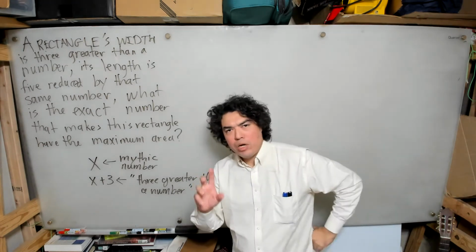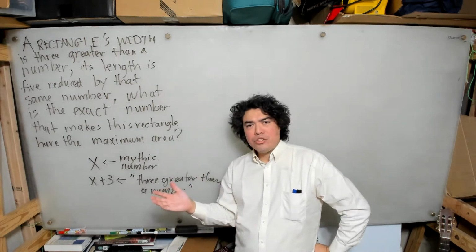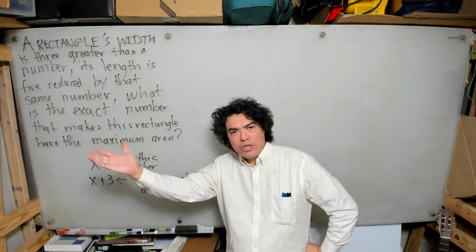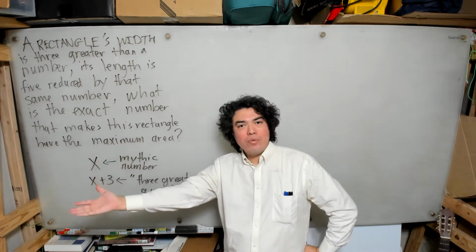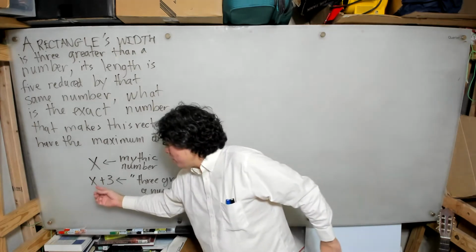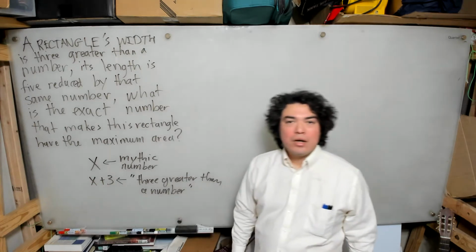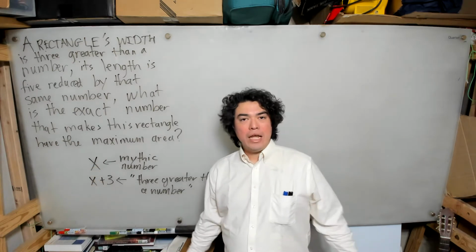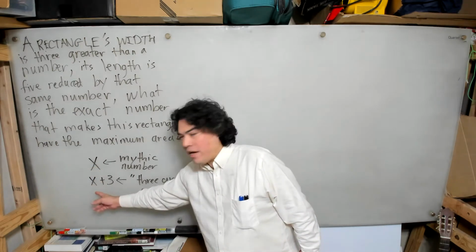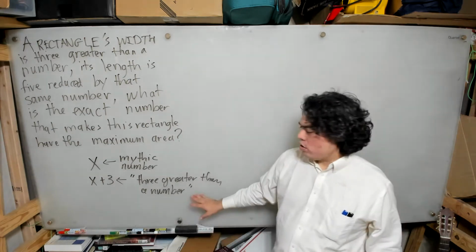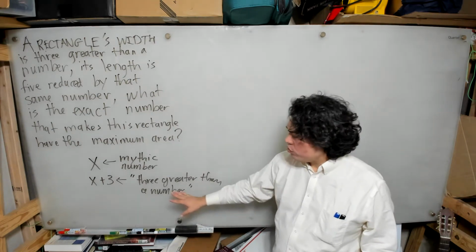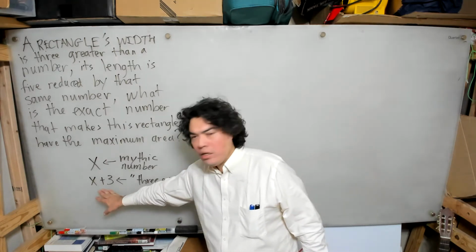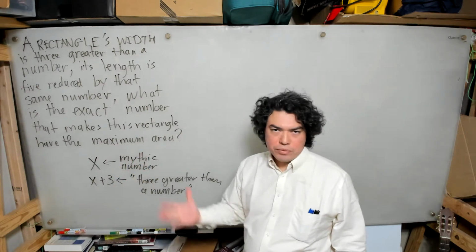If I ask you what is 3 greater than 1, well, you would think in your brain, aha, 4 is 3 greater than 1. And how did we get that? 1 plus 3. What is 3 greater than 5? 8. How did we do that? 5 plus 3. So I hope that I've convinced you that we translate 3 greater than a number as x plus 3, where x is the number under consideration.